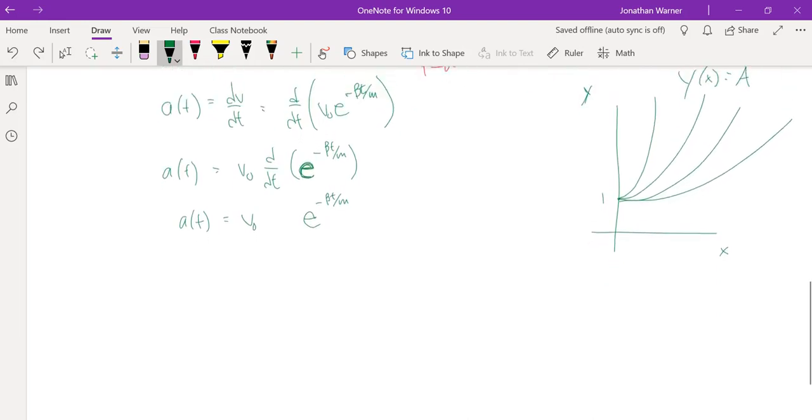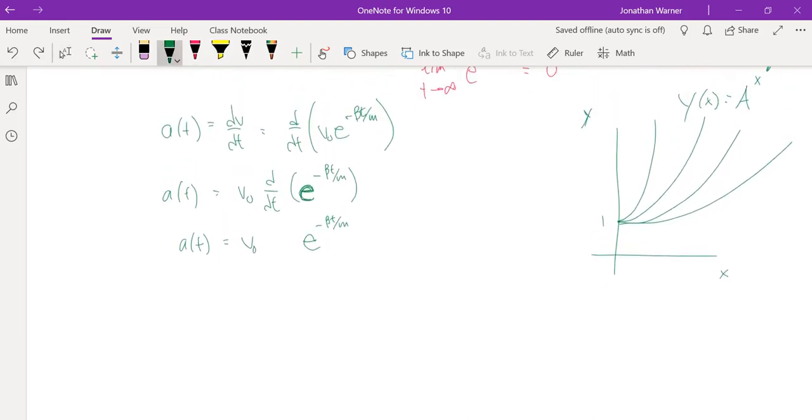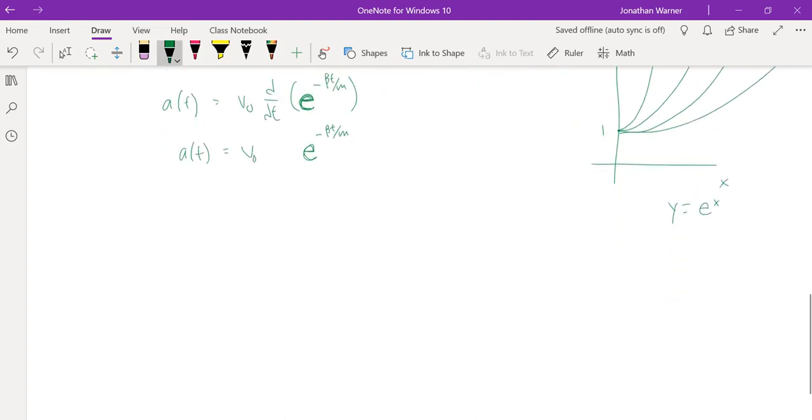The neat thing about Euler's number, this number e, is that it's an actual number. It's one of those numbers that has an infinite number of decimal places, probably. The neat thing about that number is when you take y equals e to the x, the function looks like that.